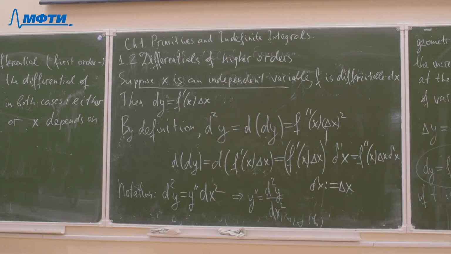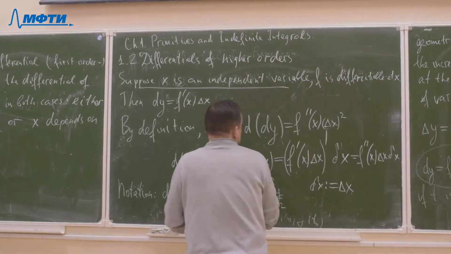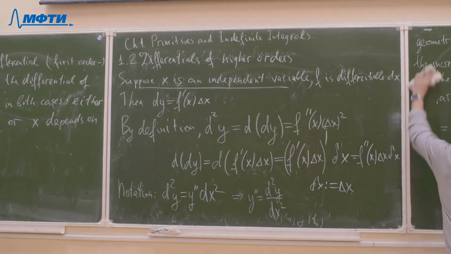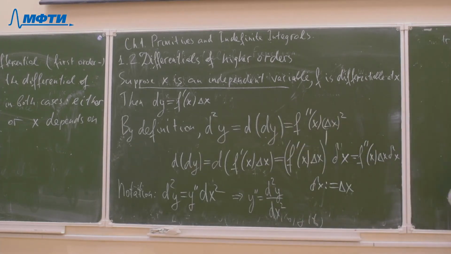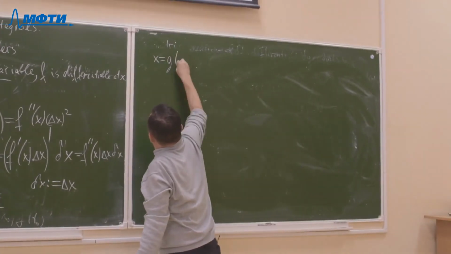For the first order differential, as we saw before, there was invariance. But now, for the second order differential, no invariance. Why? Because, look, consider the case when x equals g of t.